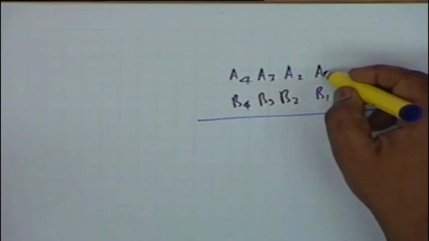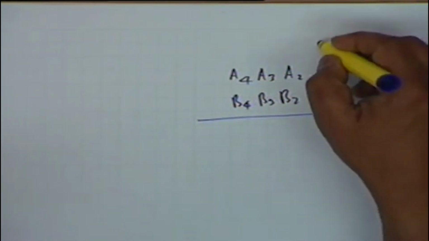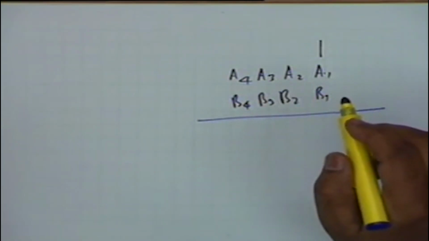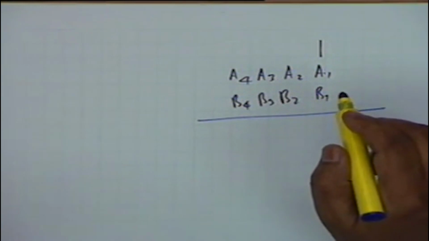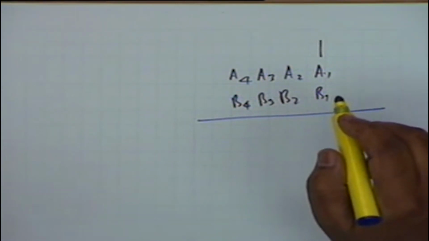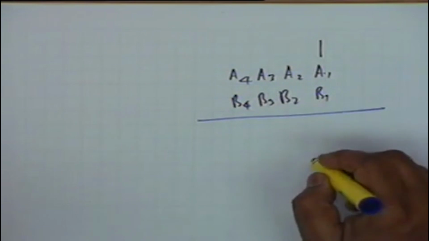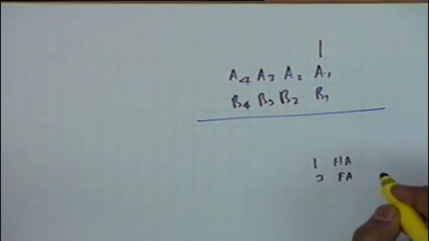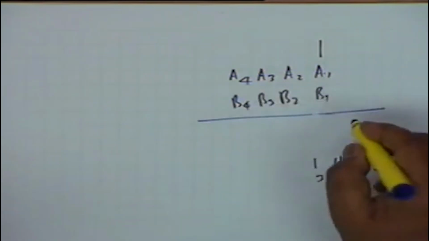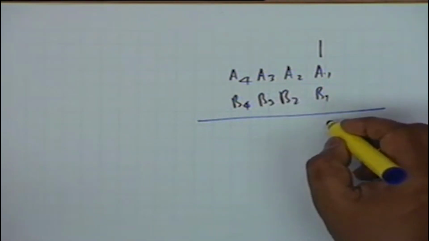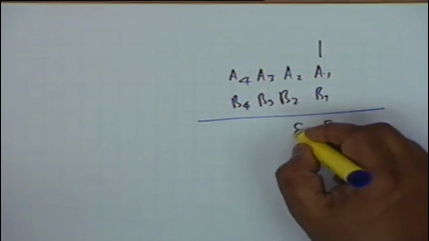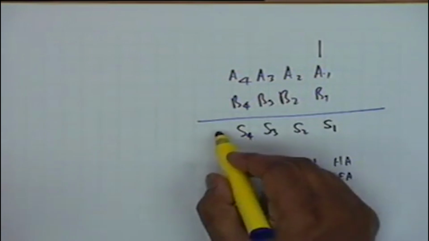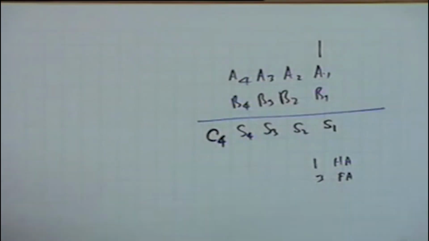A half adder is required only for the first column. For the others I require how many? Obviously 3 full adders. So I require 1 half adder and 3 full adders. The result would be sum 1, sum 2, sum 3, sum 4 and carry of the 4th.